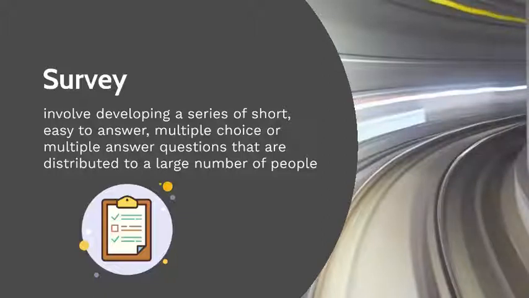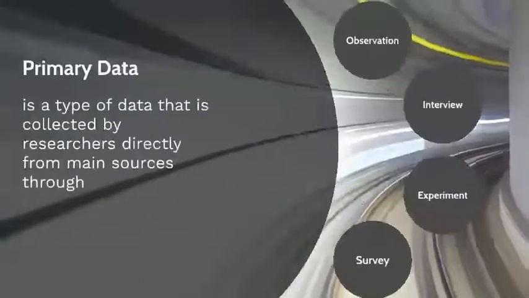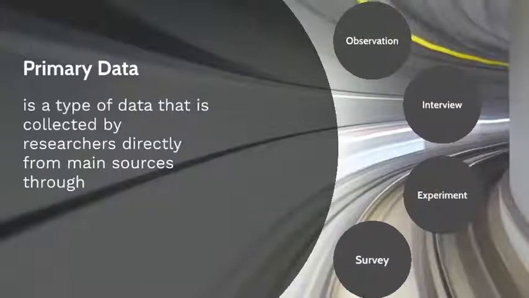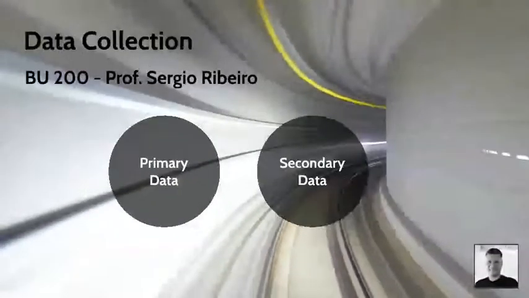So we have a sample that represents that population, and we use your questions trying to find data from your sample. Those are some examples of how you can collect primary data. Of course, you have more sources of primary data collection.